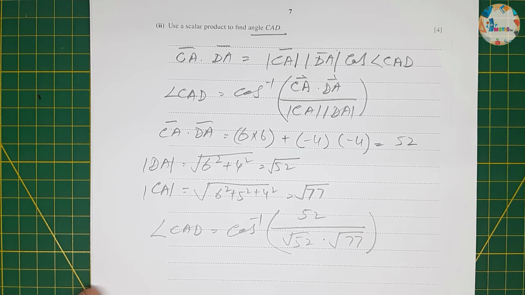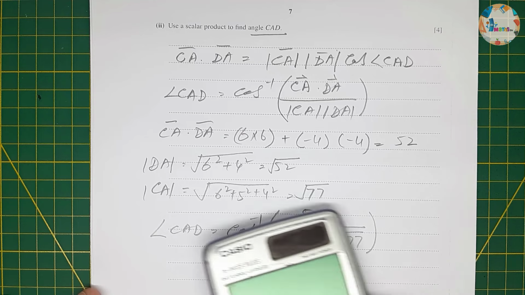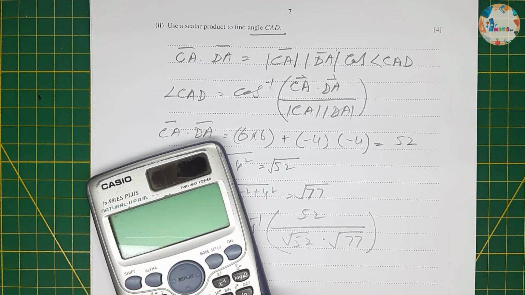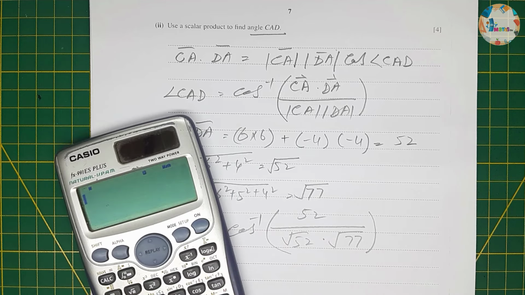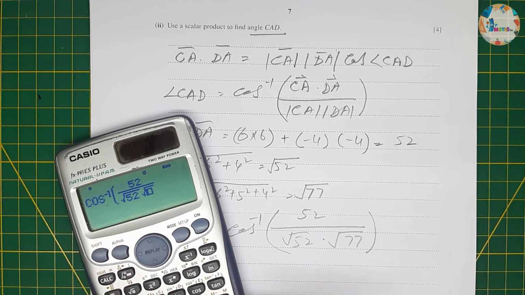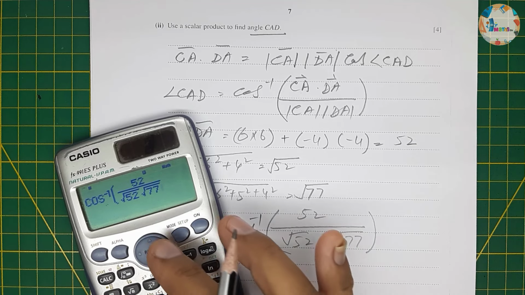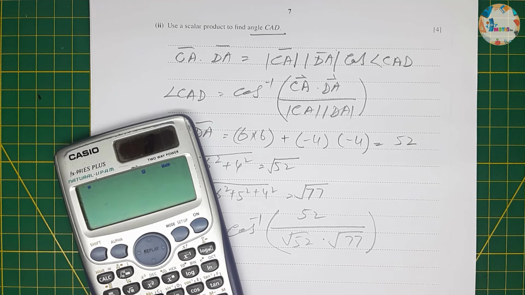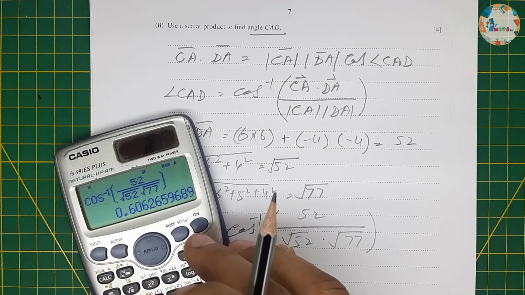We can find this answer. Basically this will be cos inverse of 52 over root of 52 into root of 77, but we are using radian mode.